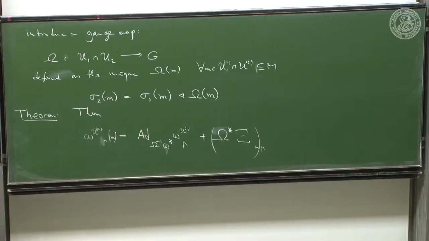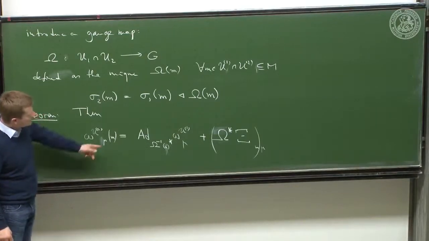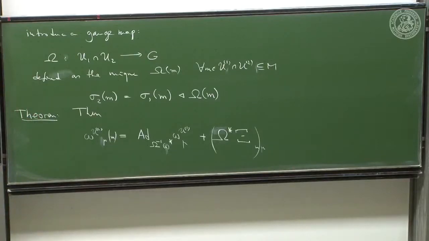Now, before we come to a proof of this, let's work it out again for the GL case, because that's usually the best way to understand this, because this is rather formalistic.